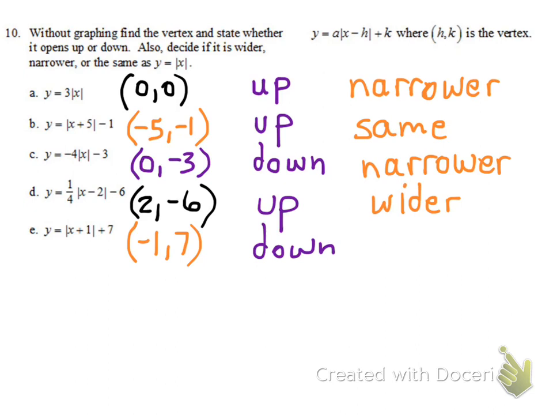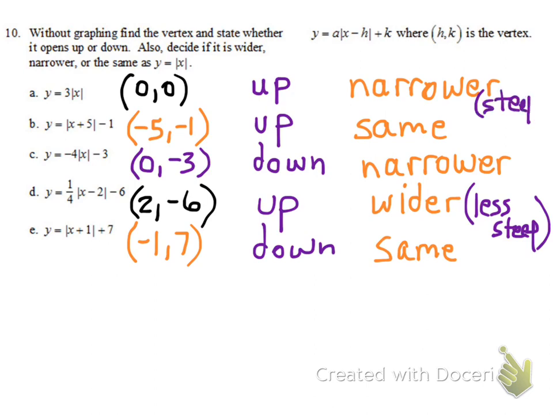And then part E, A is 1 again, so it's the same. So again, wider, you could say less steep, and narrower, we could say steeper, or more steep. So I hope you like this method, especially if you're struggling with the other method.